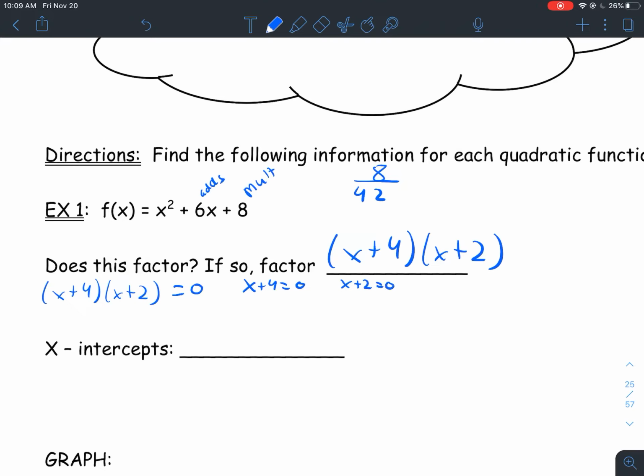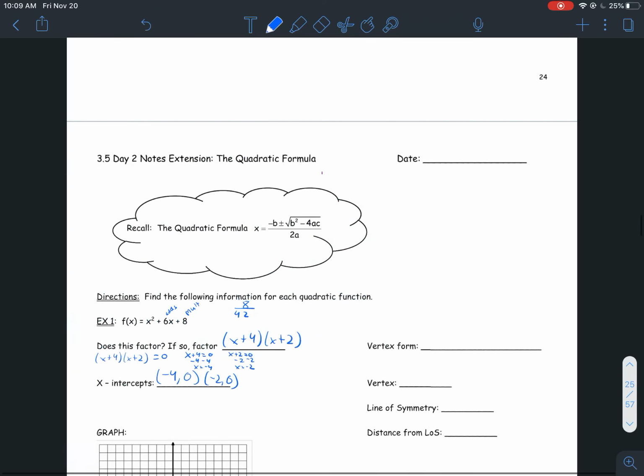This should look pretty familiar. Then you bring the 4 over and you get x equals negative 4. You bring the 2 over and you get x equals negative 2. So your x-intercepts here would be (negative 4, 0) and (negative 2, 0). That should be a refresher from last module.